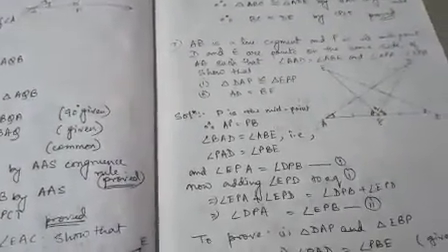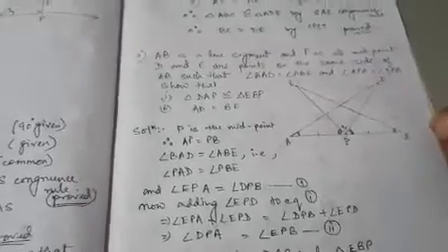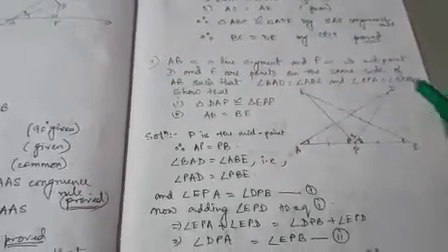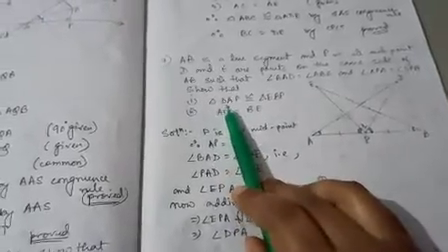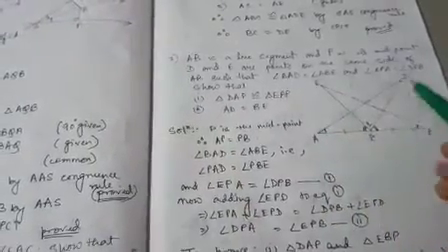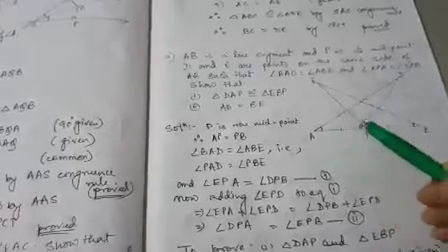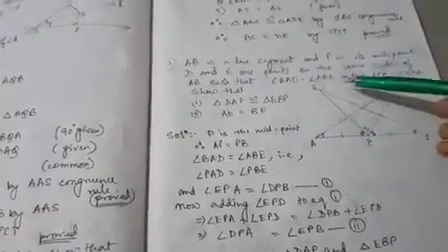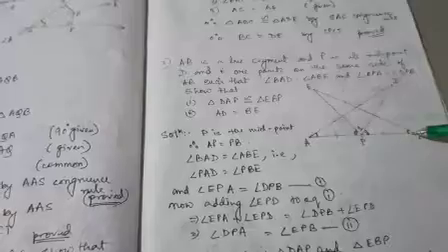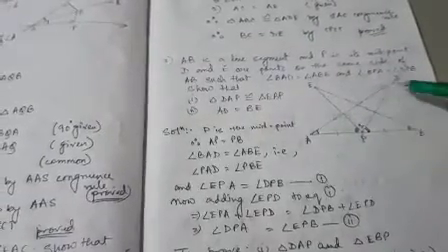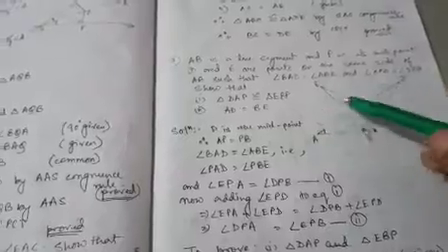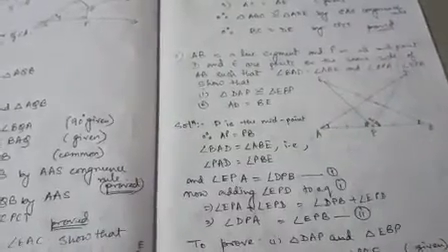Now which triangles to consider? First we need to see what we need to prove, that is to show that triangle DAP, this triangle, and triangle EPB, this triangle, are congruent.